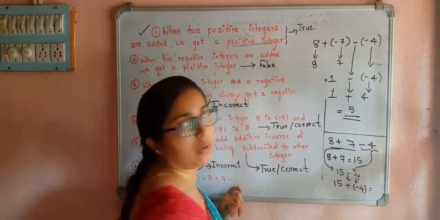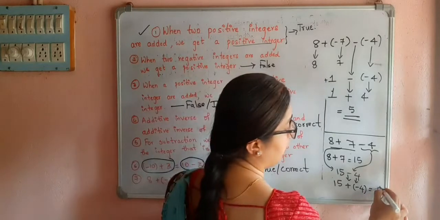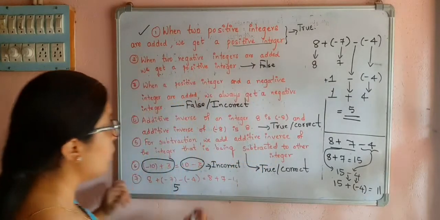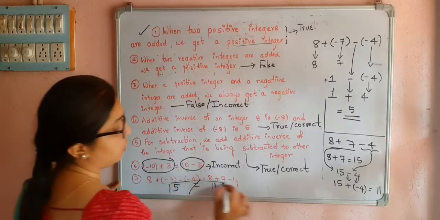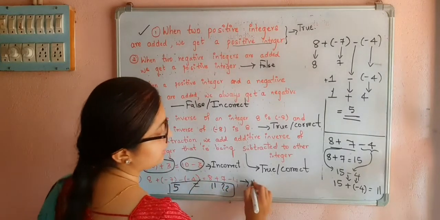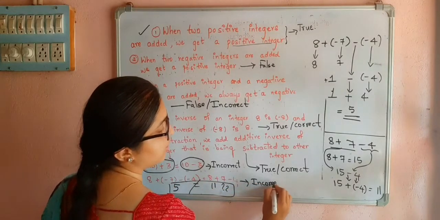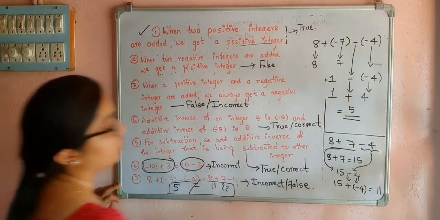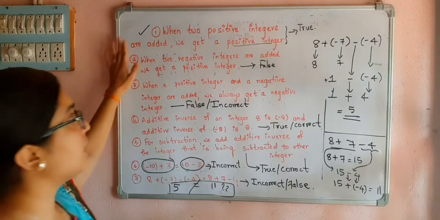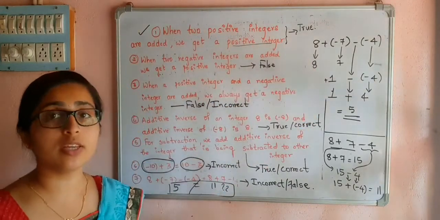So this one will be equal to 11. So 5 and 11, is it equal? No. 5 is not equal to 11. So this is incorrect, or false. Okay. So these are the answers to these questions.